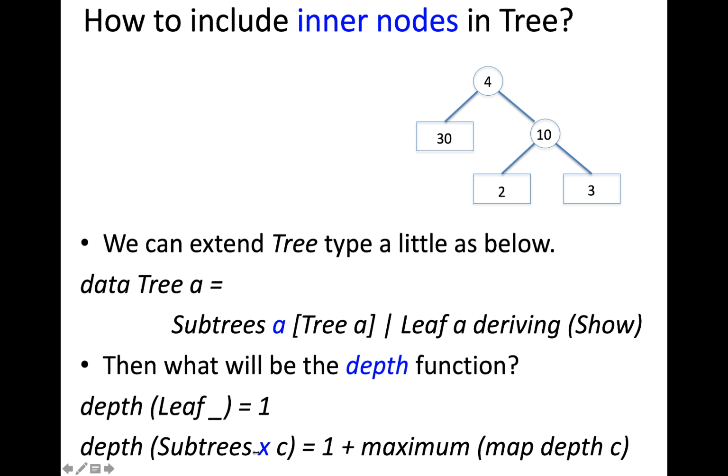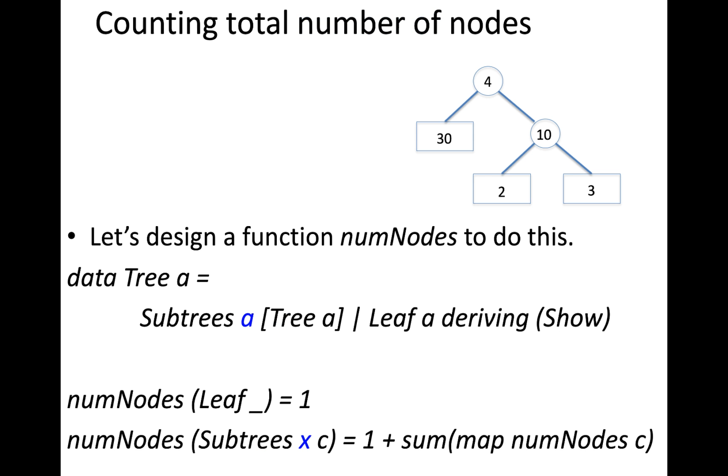Otherwise, when the tree has subtrees with an inner node and then a list of subtrees, then get the maximum depth of all the subtrees like before and then just add 1. So it seems the depth function is exactly the same as before. This inner node has no special influence on that, right?